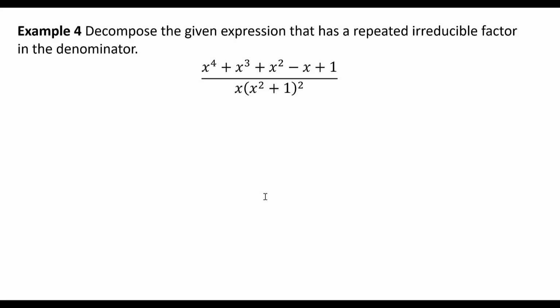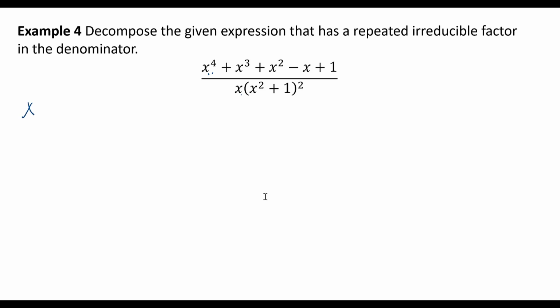Look at this one. Right off we see x to the fourth, but if you think down below, we have x, then x squared plus 1 squared. So that's like x to the fourth times x to the fifth. So the degree down below is more than the degree above.